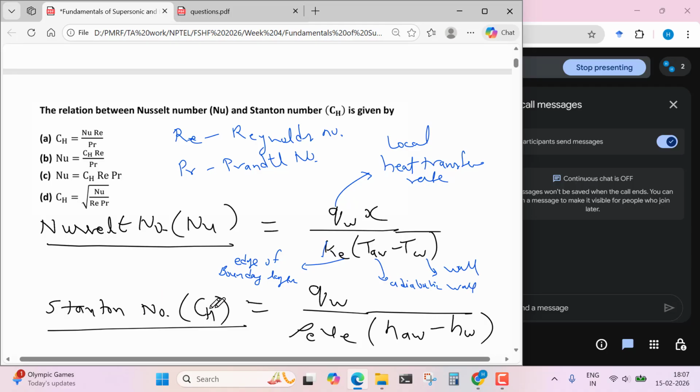Stanton number Ch is given by Qw upon rho e Ue (Haw minus Hw). Rho is density, U is velocity, and H is enthalpy. E is for edge of boundary layer, W is for wall, and AW is for adiabatic wall.